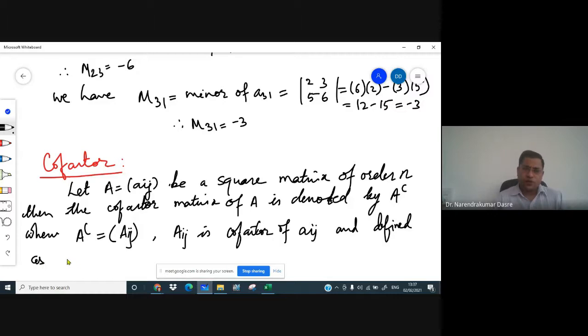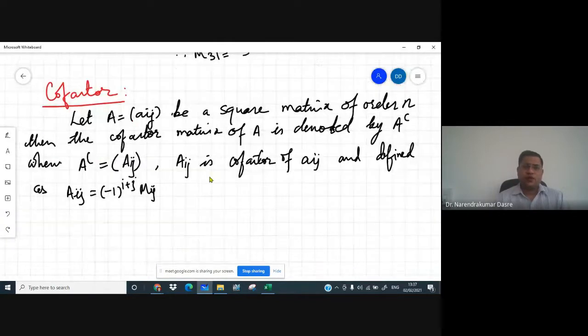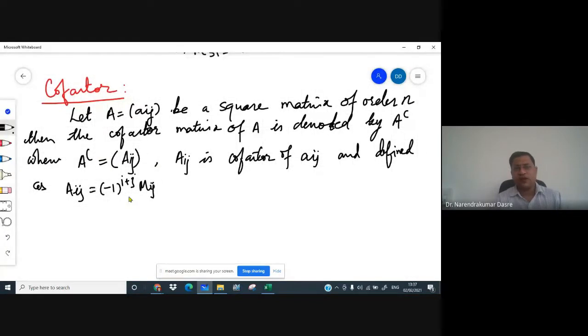So how do we calculate this capital Aij? It is minus 1 raised to i plus j into Mij. So how do we get the cofactor? We have the matrix A as Aij, a square matrix of order n.